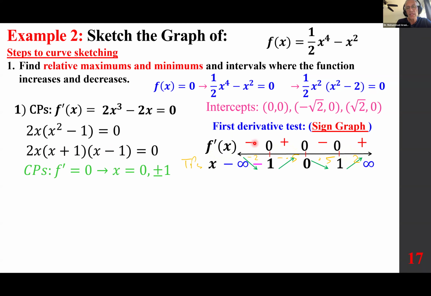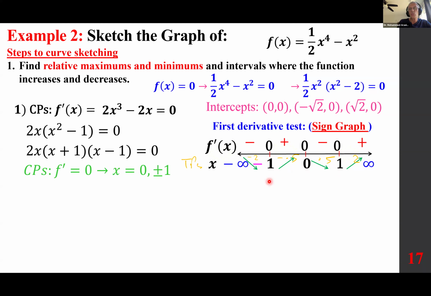Negative means decreasing, positive means increasing. So as it changes from decreasing to increasing, it gives rise to a local minimum. So -1 as well as +1 give us local minimum, whereas over here, increasing to decreasing, 0 gives us local max.